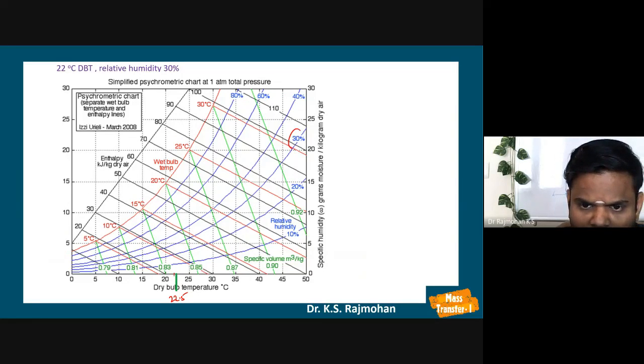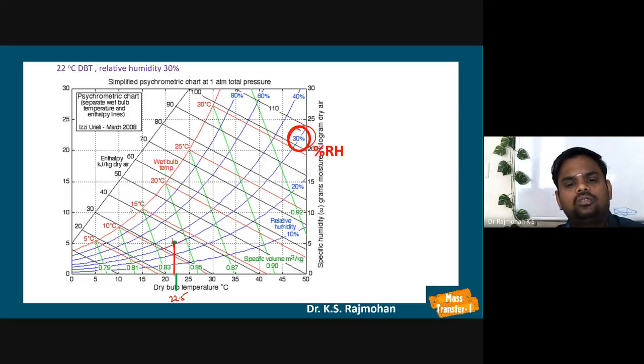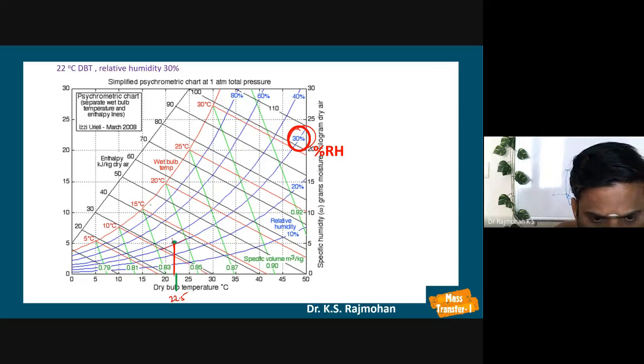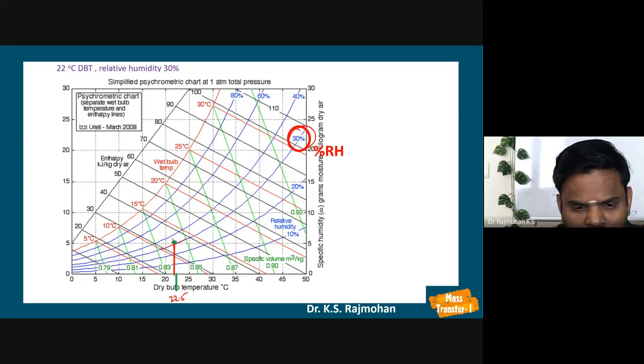And this one is the 30 percent relative humidity line, so somewhere here we are going to have our point. So you can draw a line to mark the dry bulb temperature and relative humidity where it bisects, that is our point. So we have 30% relative humidity, so you can mark the point here. I can mark it with a green color.